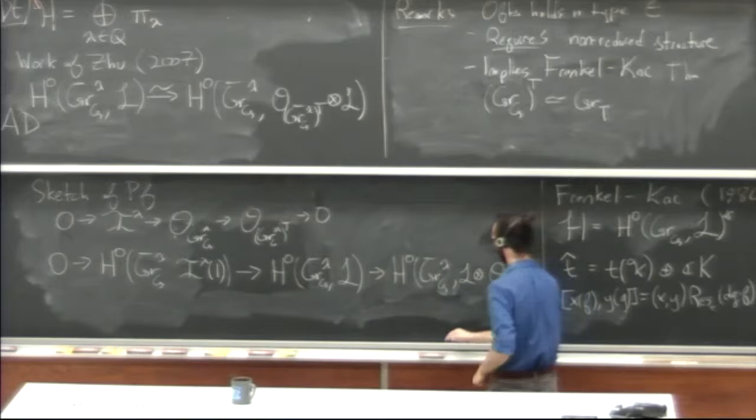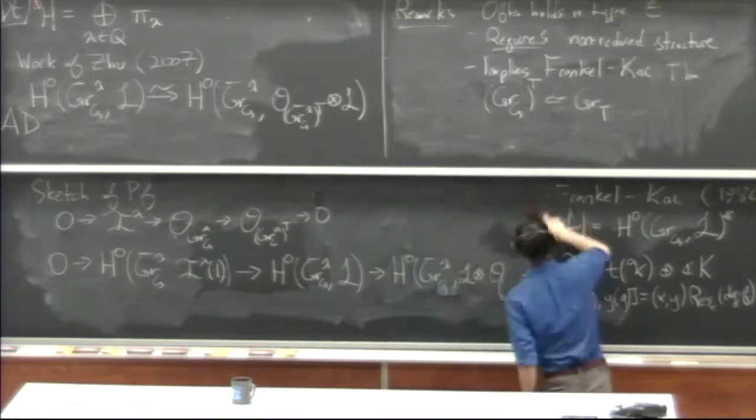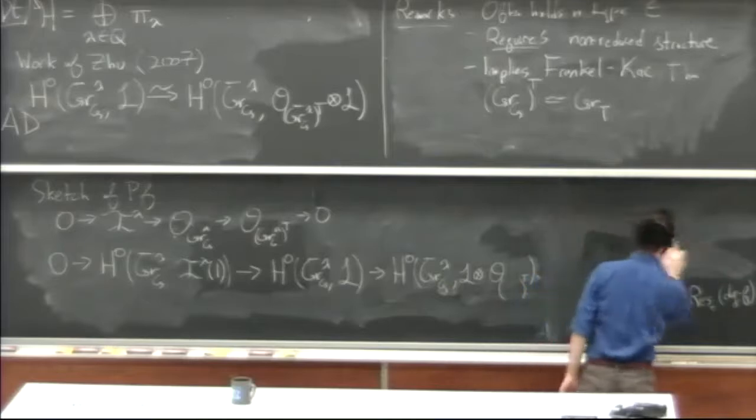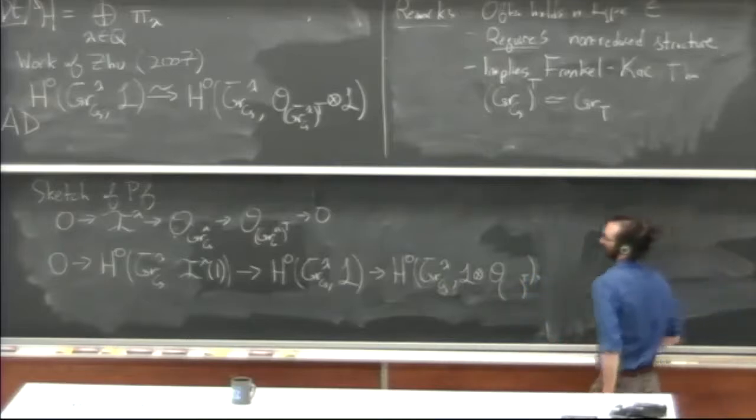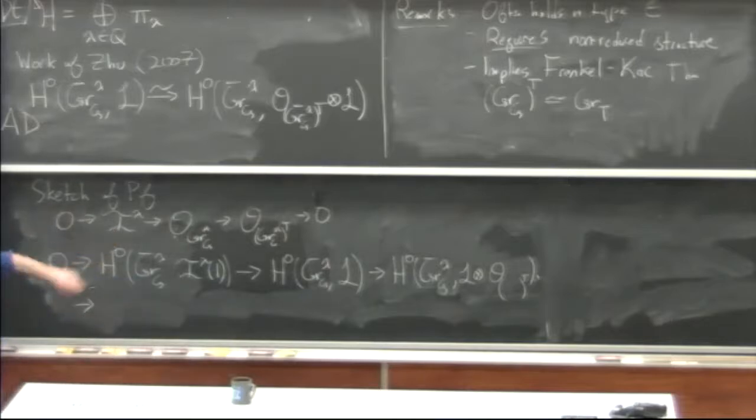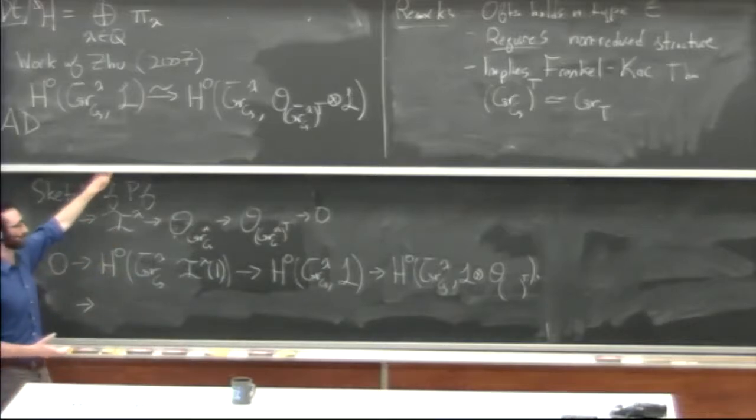I won't write it all out here. So these are the first terms of the long exact sequence. And there will be more terms, but the point of the proof is to show the following things.